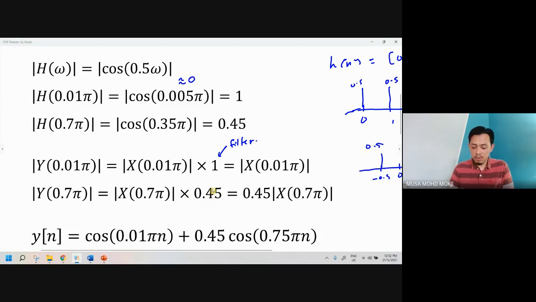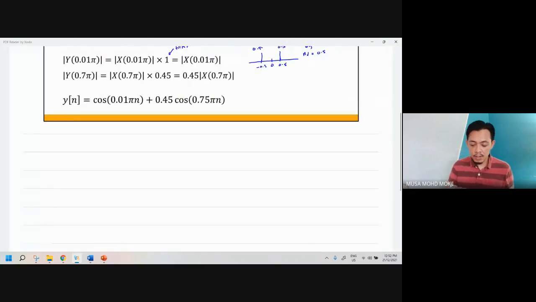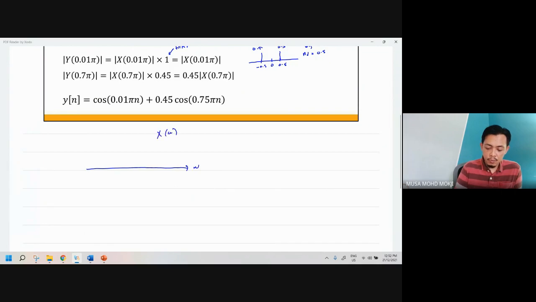Okay, let's draw that again. Let's say we have X omega, the magnitude. It must be somewhere at 0.01 pi, and then this is 0.7 pi, and of course somewhere here it is pi. It has some magnitude. In this case, it's not that critical. We just need to say that maybe this is alpha, this is beta.